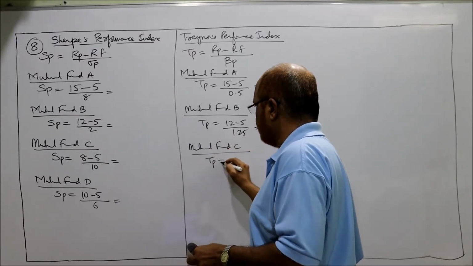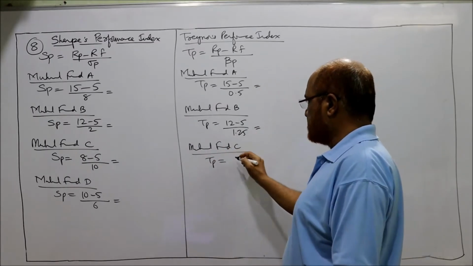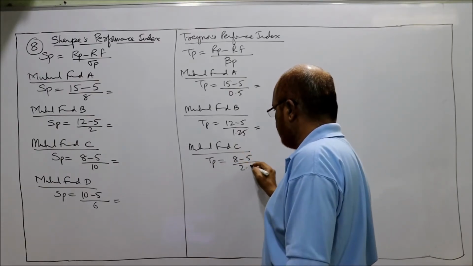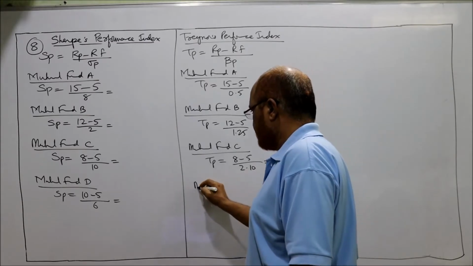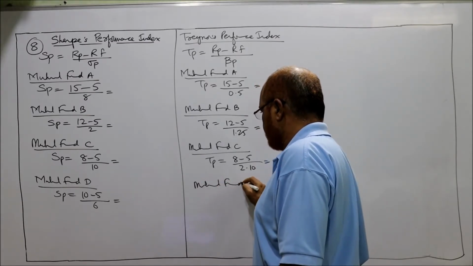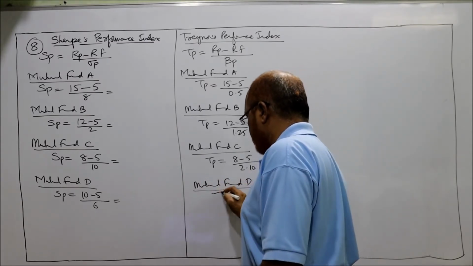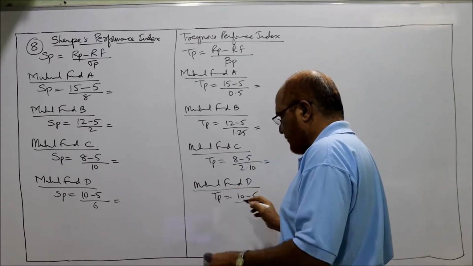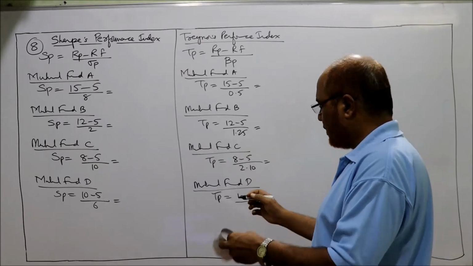Mutual fund C, it is 8 minus 5 divided by 2.1. Mutual fund D. TP is equal to 10 minus 5 divided by 0.9.